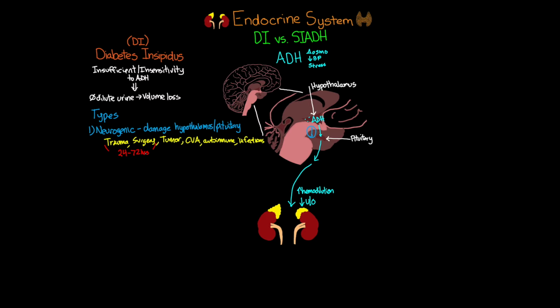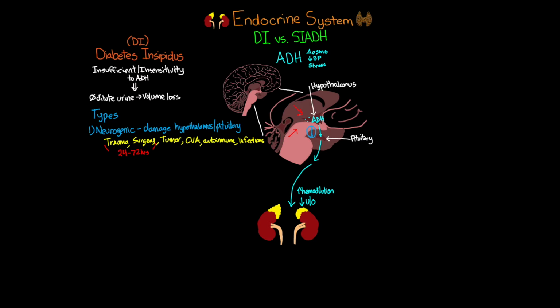And so what's happening is as a result of the trauma or surgery, we're either going to have some sort of localized or general cerebral edema, which is going to cause pressure on the hypothalamus. And this is going to cause a decrease in the production and transport of ADH to the posterior pituitary.